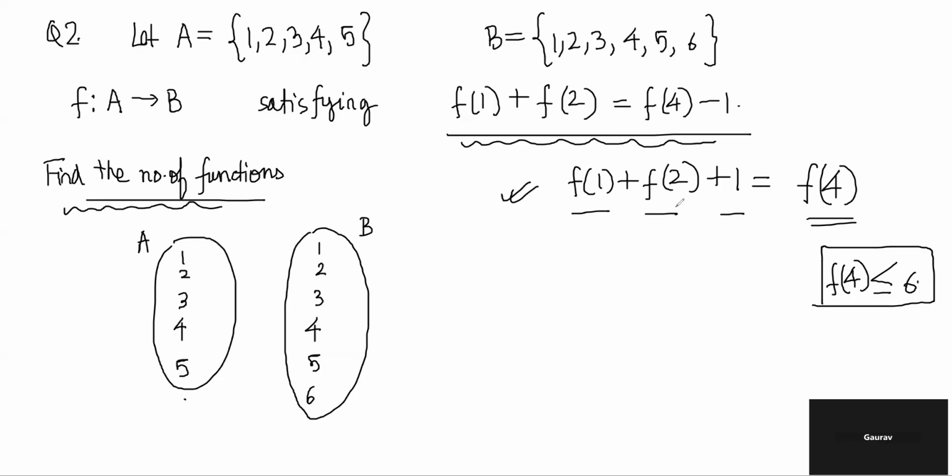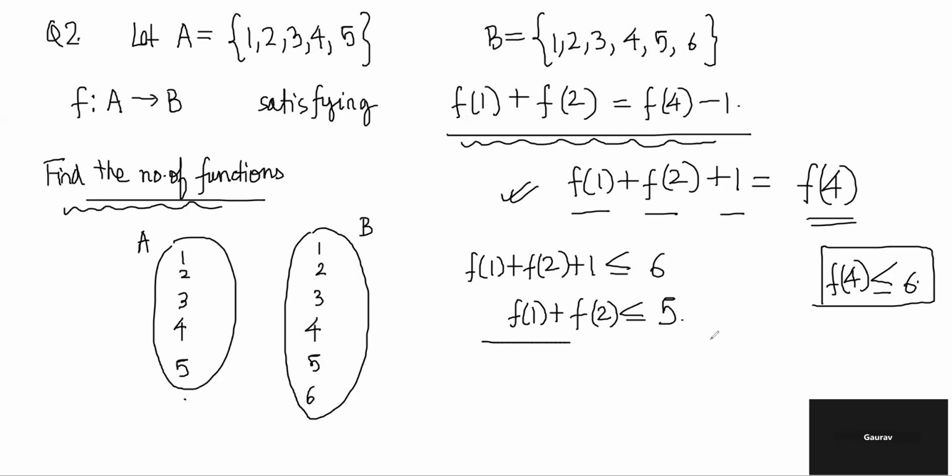So from there we can say that f(1) + f(2) + 1 is less than or equal to 6, right? Yes. So you are getting f(1) + f(2) is less than or equal to 5, right? Yes. That is the situation. So now you have to take different cases here.